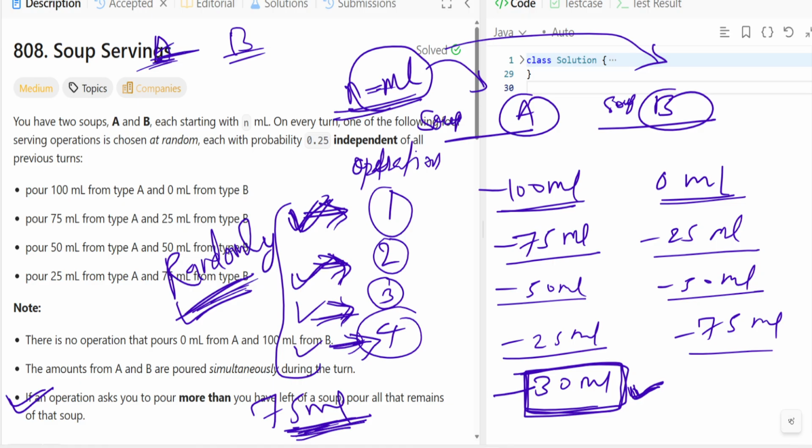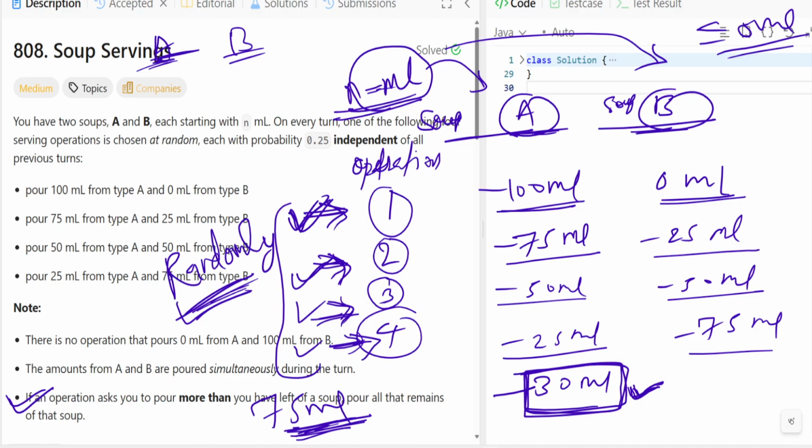I hope you understand. So this process ends as soon as either soup A or soup B runs out. Let's suppose if it is less than or equal to 0 ml, we are done. So what is our goal?